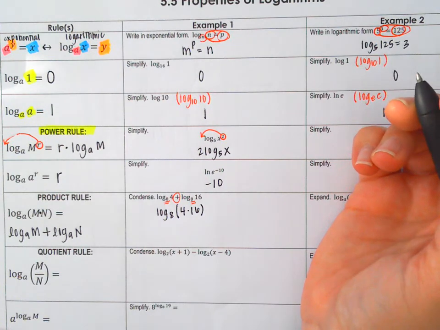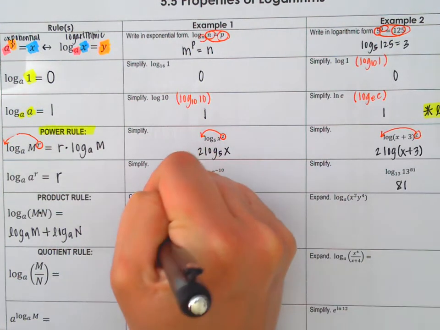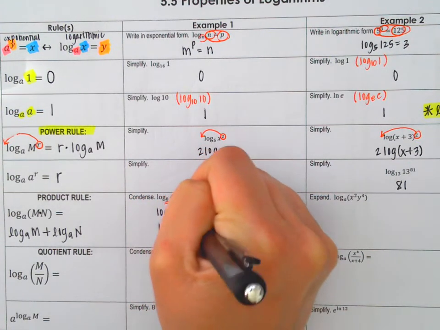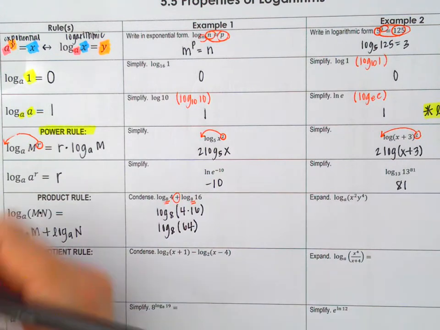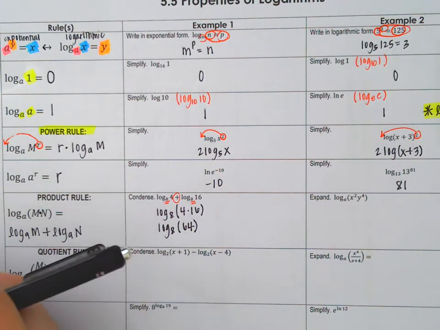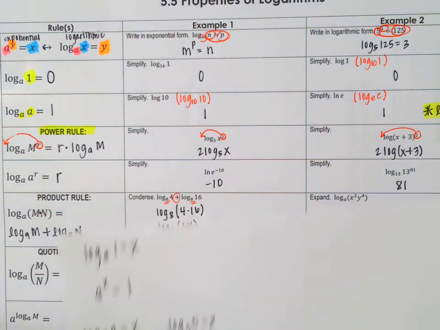Well, log base 8 of 4 times 16, 4 times 16 is 64. You don't need the parentheses around that one. I don't know why I did it. And now to evaluate that, we just think 8 to the what power gets me 64. Because remember, you can just always think about it as an exponential.